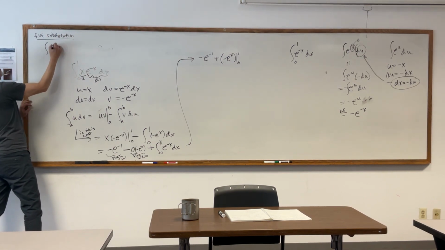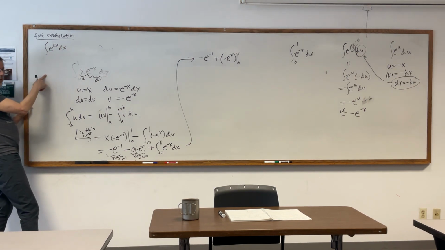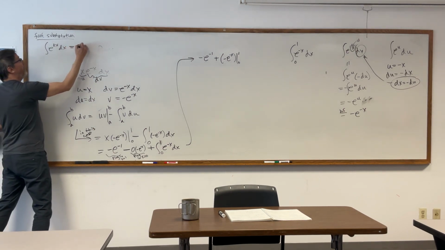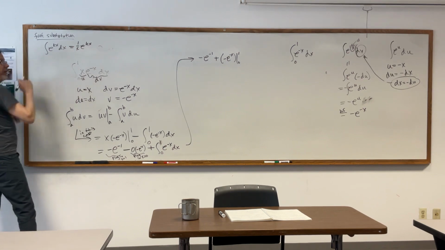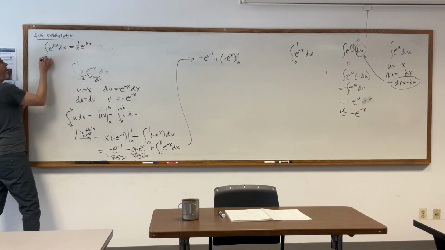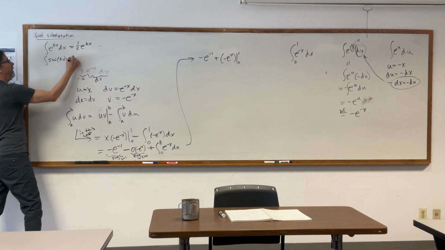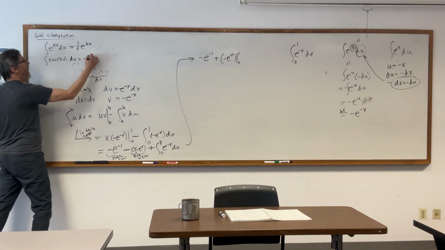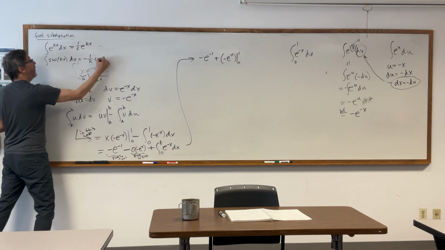So if I have the integral of e to a constant times x, you'll see that a billion times in this class. That's just 1 over k e to the kx. You can just go right to that. If I have the integral of sine of kx, that is negative 1 over k cosine of kx.